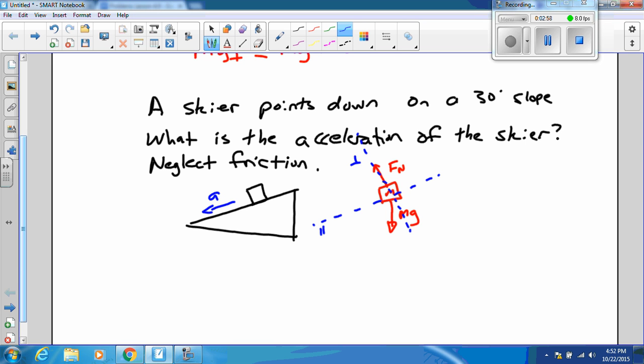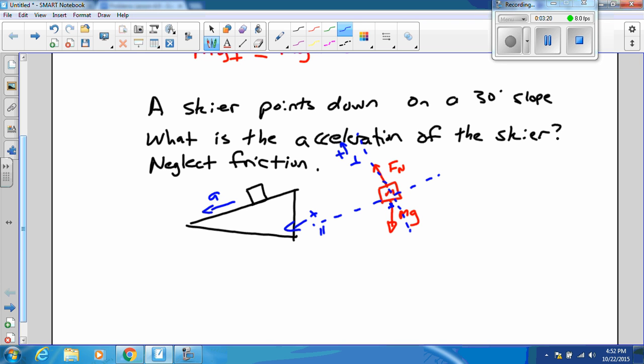Because we know that the skier is going to accelerate down that slope. And so it makes sense to rotate our reference frame like this. And it also makes a lot of sense to make this direction be the positive direction, and that direction to be the positive direction, because the acceleration is going to be down the slope.